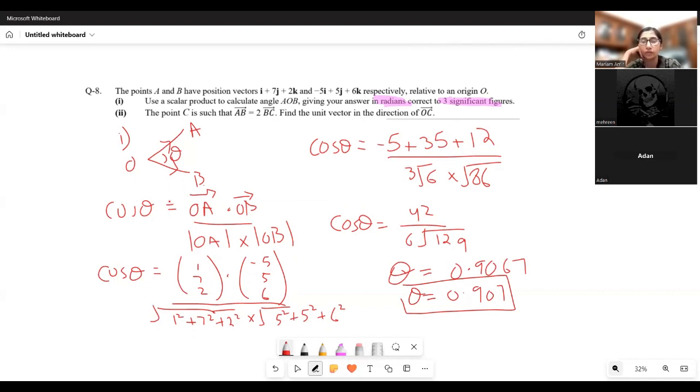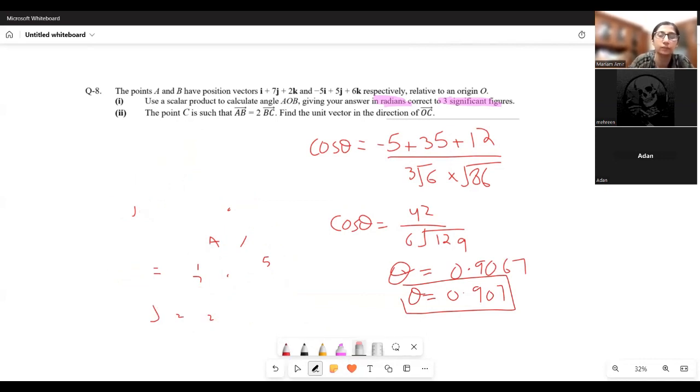Now it's the same kind of question, where we have OA and OB in the question, and they have asked for the unit vector in the direction of OC. First you'll need to find OC, which you can do conveniently by breaking down AB equals 2 times BC.